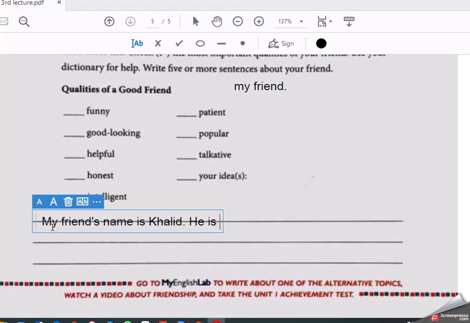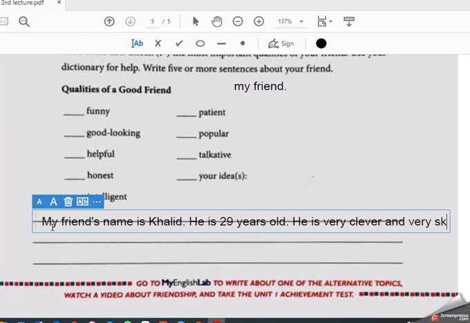He is 29 years old. He is very clever and very skillful. Then I can complete whatever I want.